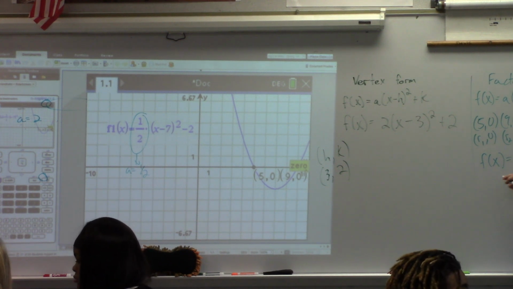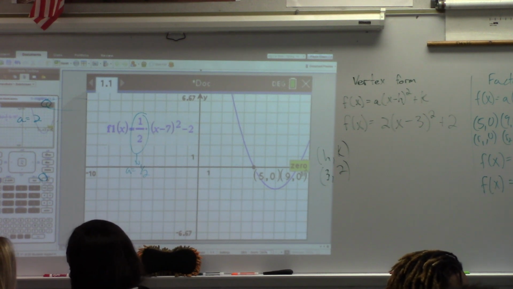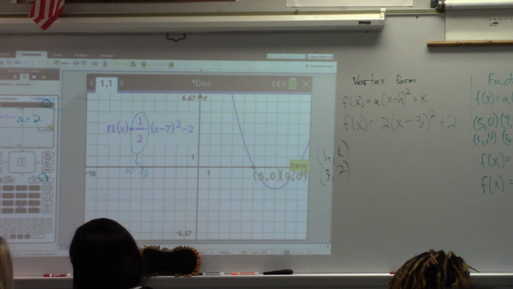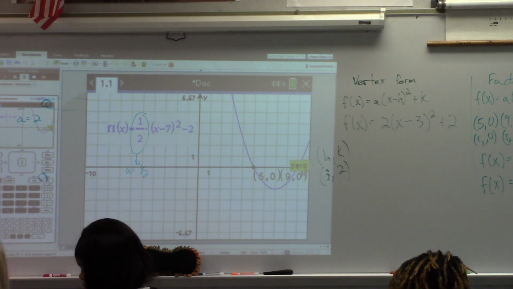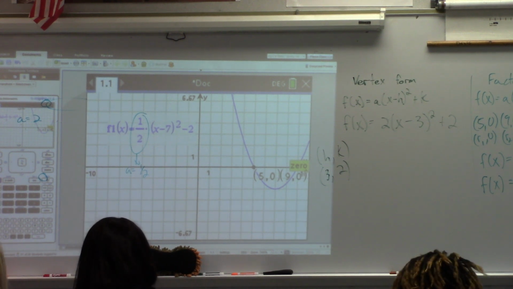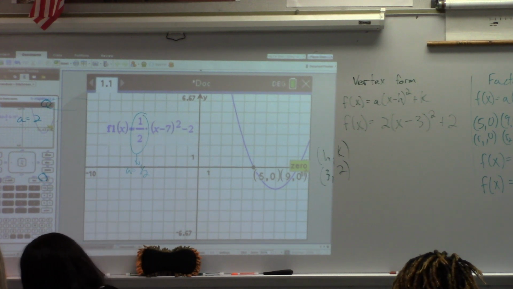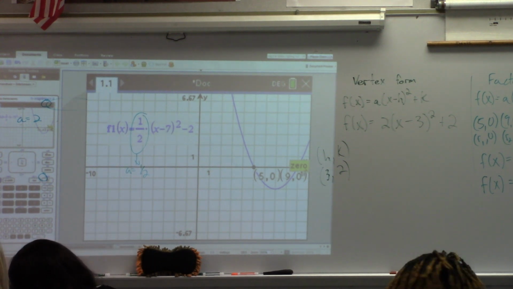I want you to notice, are these two equations describing the same function? Yes. They're equivalent.